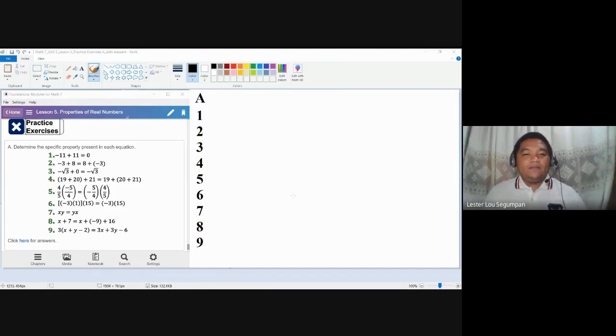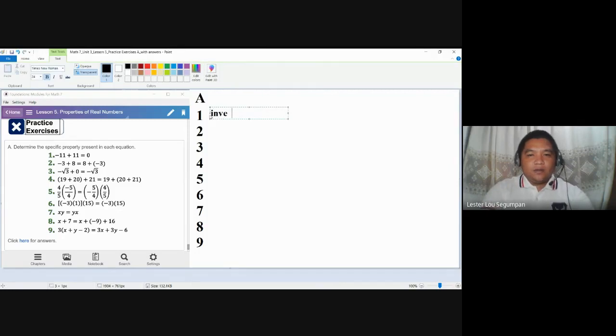Number 1, we have negative 11 plus 11, which is equal to 0. Take note that the expression on your left-hand side was neutralized to become 0. This item contains the inverse property, not just any inverse property, but the inverse property of addition.